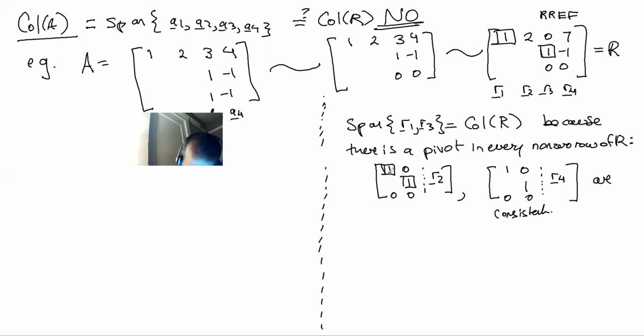That's not going to change consistency. If you restrict attention to R1 and R3, there's a pivot in every non-zero row, so you'll always be consistent. Okay, so that's fact number 1. Fact number 2 is that these are linearly independent.